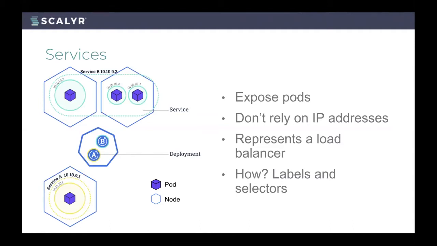Services represent a load balancer, and how a service works is by using the labels and selectors that I was talking about previously. That's how you, in a way, register your pods to the services, and the services will start balancing the load in a round robin way to those pods.